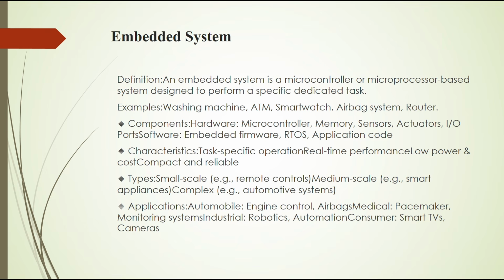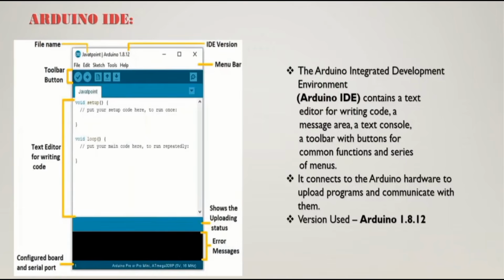The types of embedded system are small scale like remote controls, medium scale is smart applications, and complex is automotive systems. The applications are automobile, engine control, airbags, medical, pacemaker, monitoring systems, industrial, robotics, and these things.